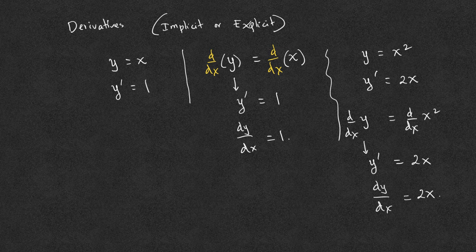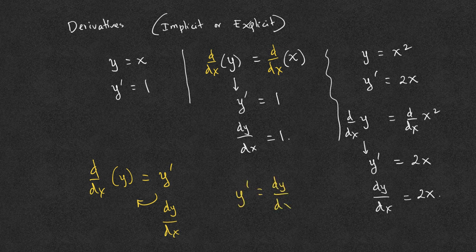And so from this discussion, we see that if we were to take the derivative of y with respect to x, it is not 1, but it is y prime. Another notation for y prime is dy dx. And so y prime is dy dx.